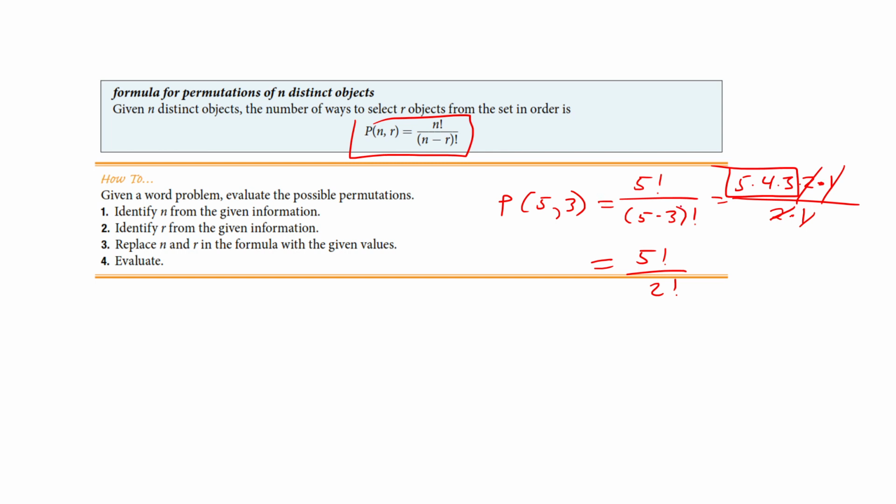It's a fancy way of saying 5 people taken 3 at a time. After we get down to the 3 people, we're just going to stop. We're going to divide away the people that aren't getting used. Do you see what I'm saying? So 5, 4, 3, 2, 1 would be the 5 people being arranged. But we're stopping after 3. So this bottom is, okay, where are you stopping? You're stopping out of 3, which means we don't need these 2.